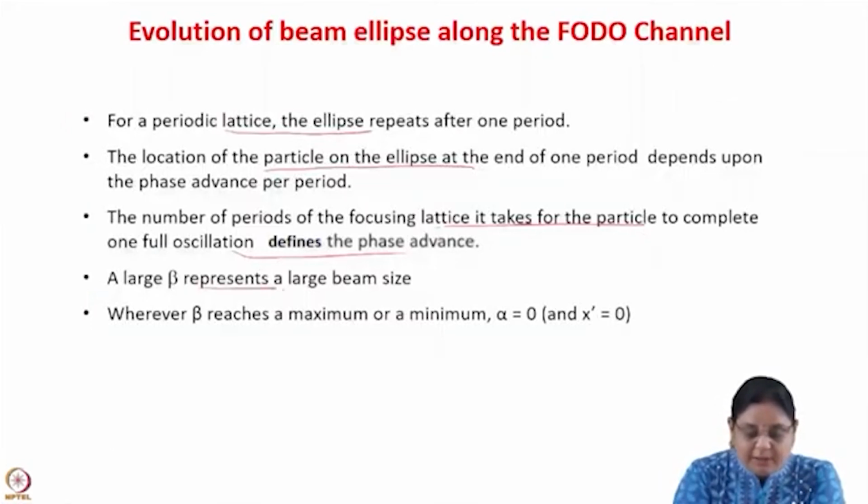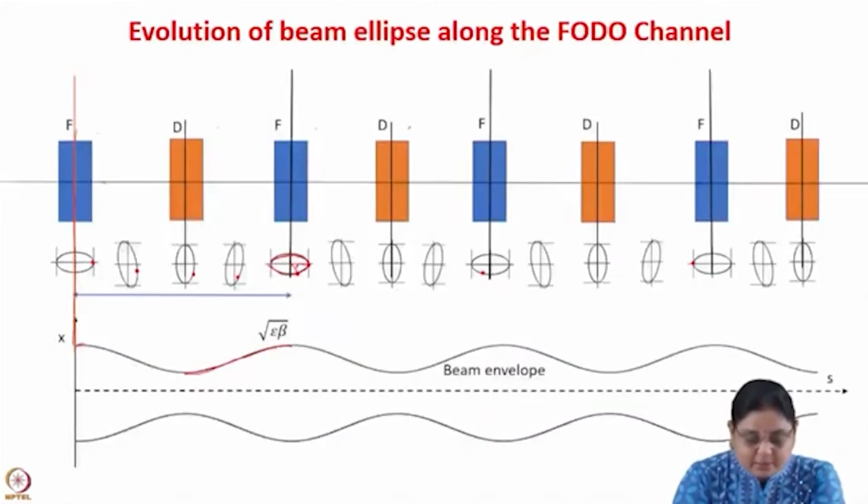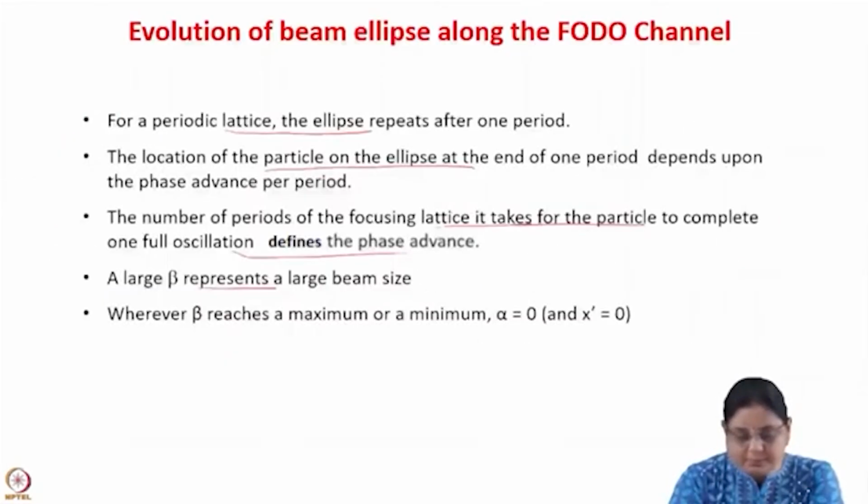Now a large beta represents a large beam size. The beam envelope is given by square root of beta epsilon. Larger the value of beta, larger is the beam size. Whenever beta reaches a maximum or a minimum, alpha is equal to 0. You know that alpha is equal to minus beta prime by 2.